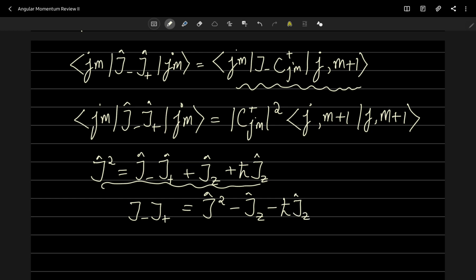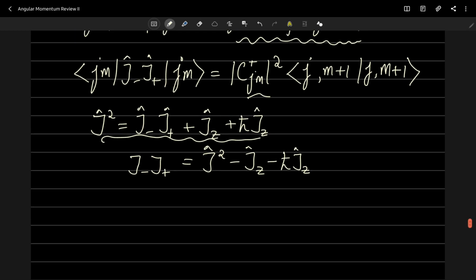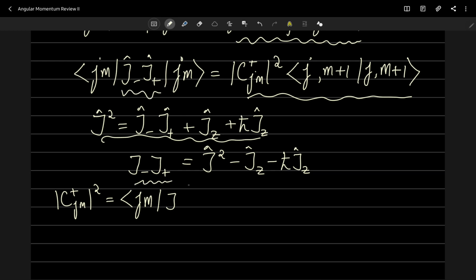So then the absolute value of C plus jm squared is equal to <jm| J squared minus Jz squared minus h bar Jz |jm>. Actually, one minute.